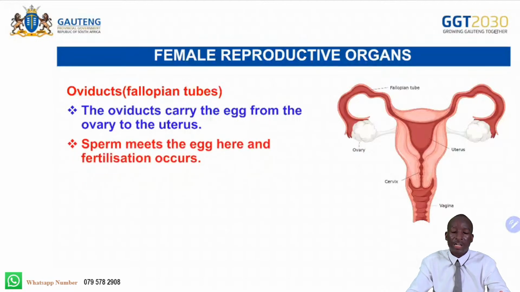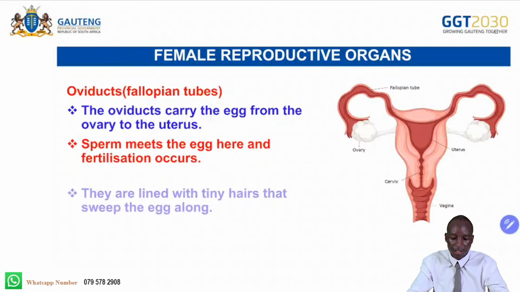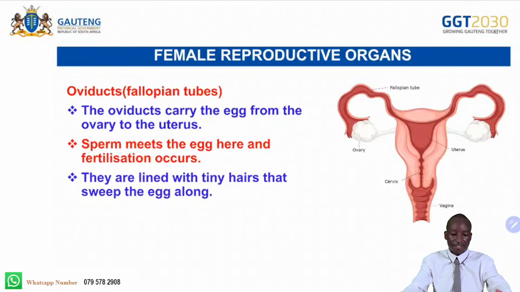Then the sperm cells will meet the egg here, and fertilization occurs. Once the sperms meet the eggs, that's when fertilization occurs. Oviducts are lined with tiny hairs that sweep the egg along.